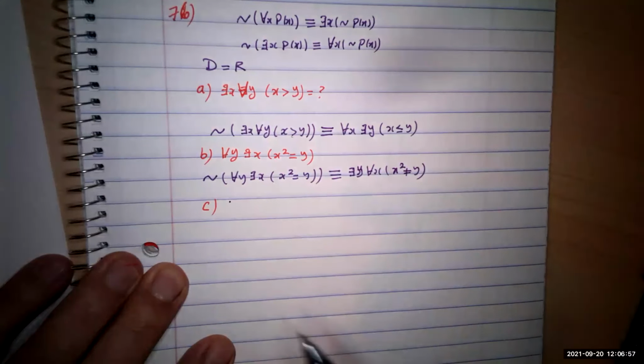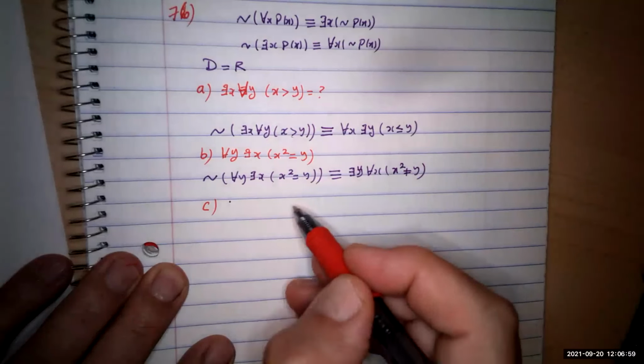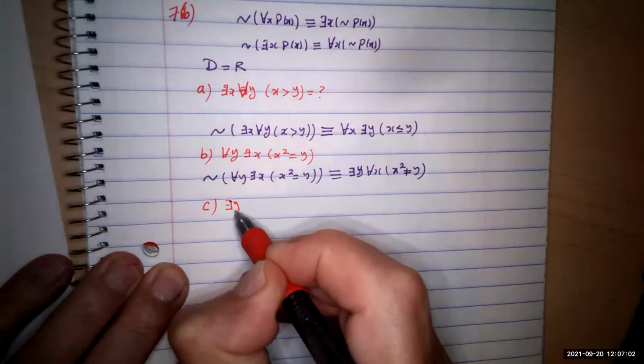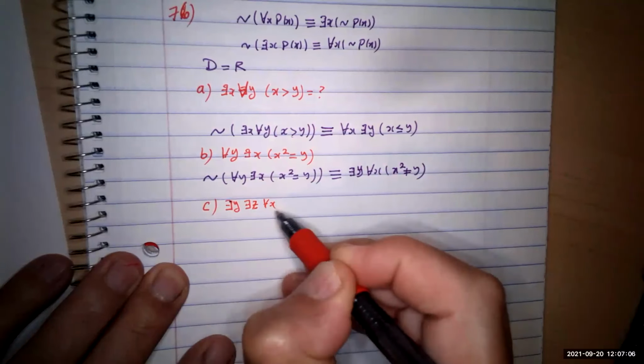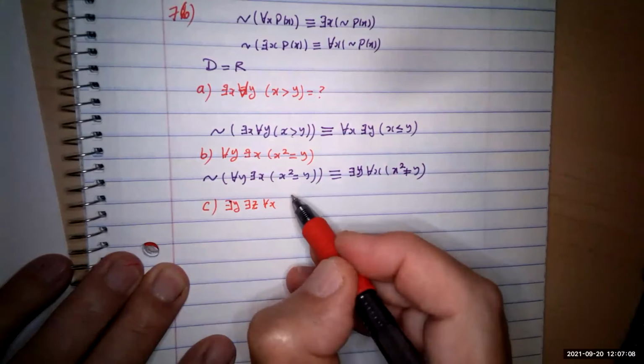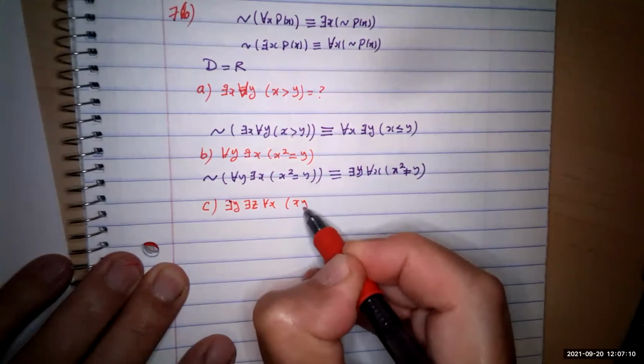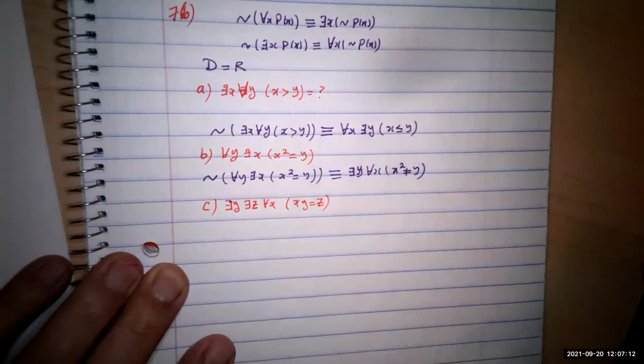And there is a y. There is a z such that for all x, x times y is equal to z. Three variables. As we go on, you just change quantifiers.